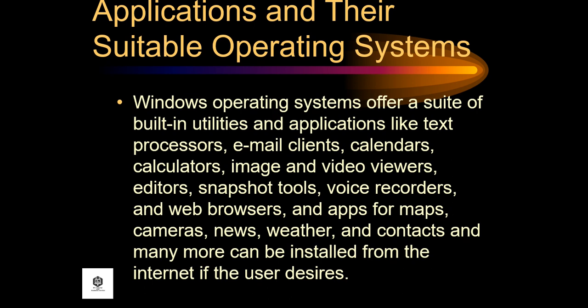Windows operating systems offer a suite of built-in utilities and applications like text processors, email clients, calendars, calculators, image and video viewers, editors, snapshot tools, voice recorders, and web browsers, and apps for maps, cameras, news, weather, and contacts, and many more can be installed from the internet if the user desires.